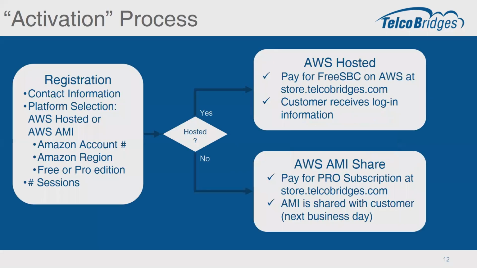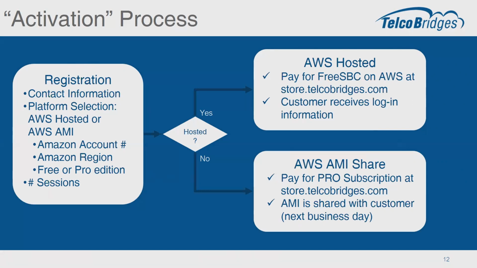Yes, so the activation process here. First, we have to go to the FreeSBC site, where you can download your image. There you will input your contact information, and in one of the options, you will have to choose what type of AWS platform you want to use.